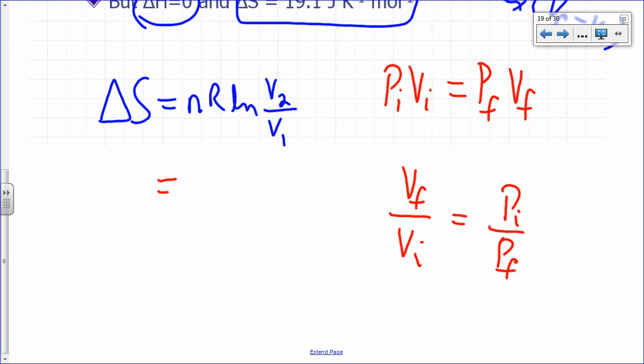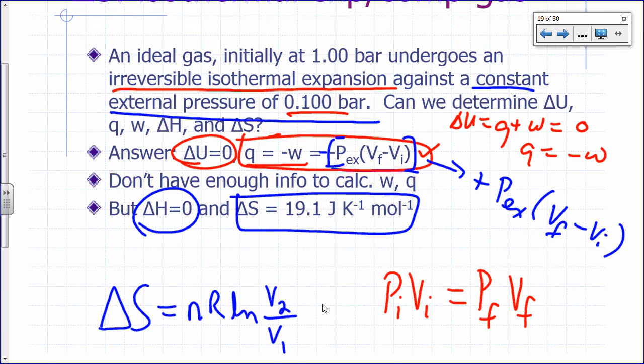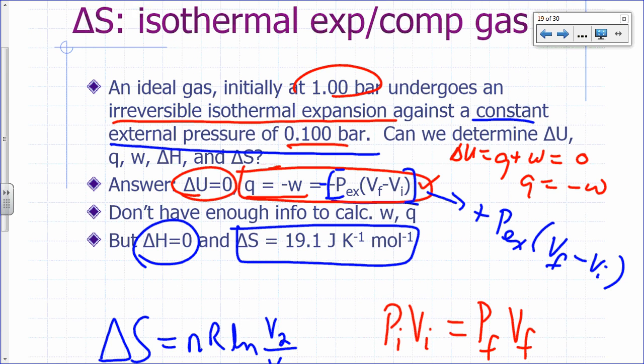So I can rewrite this as nR ln P initial over P final. Do I know what P initial and P final are going to be? You went from 1 bar pressure, you suddenly reduce your external pressure to 0.1. So what will be my final pressure? When will it stop expanding? When the final pressure is 0.1.